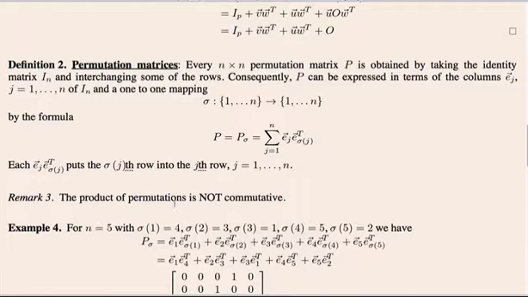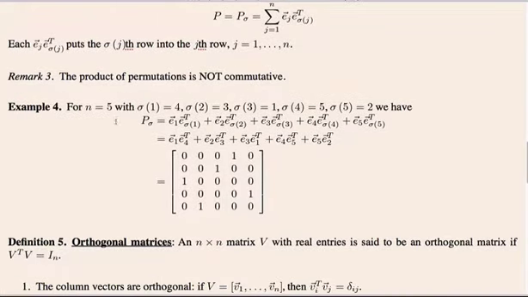The product of permutations is not commutative, so we cannot talk about any kind of group. Here is an example. n is 5, and we have the permutation of 5 using this permutation function. So 1 becomes 4, 2 becomes 3, 3 becomes 1, 4 becomes 5, 5 becomes 2. It's one-to-one, so there are no repetitions.